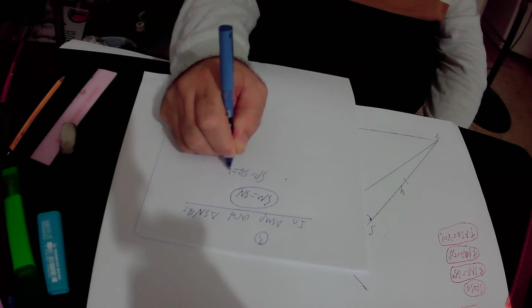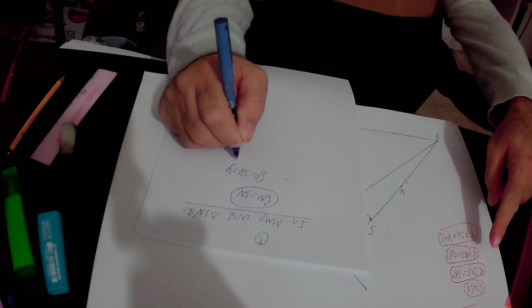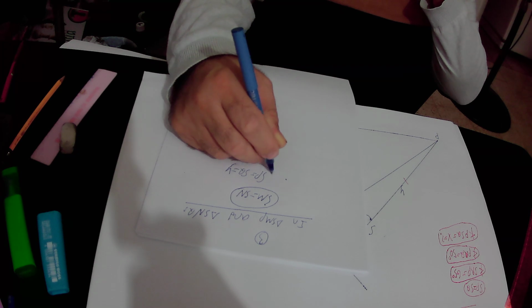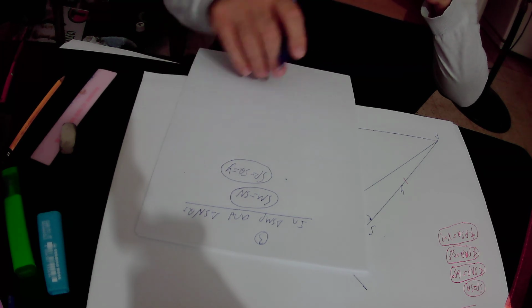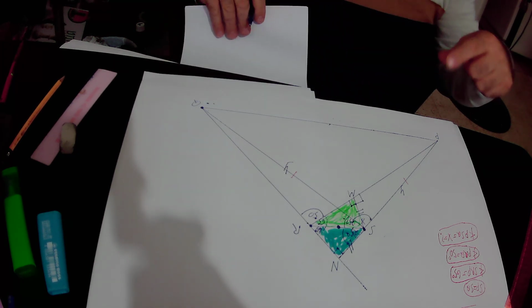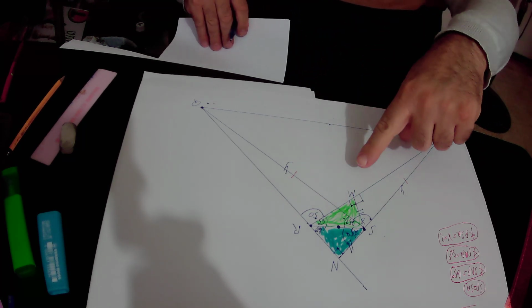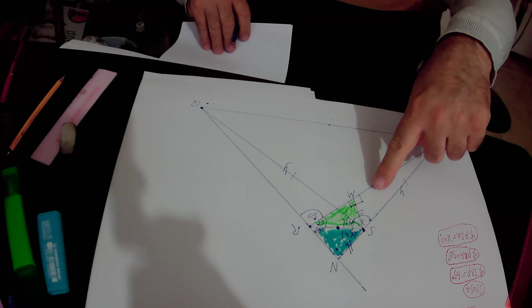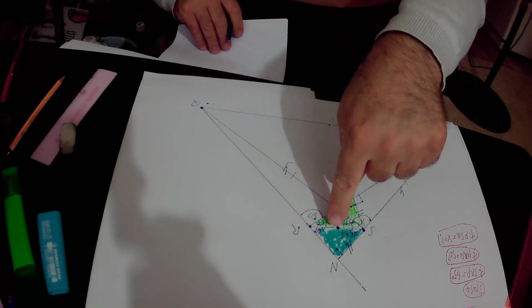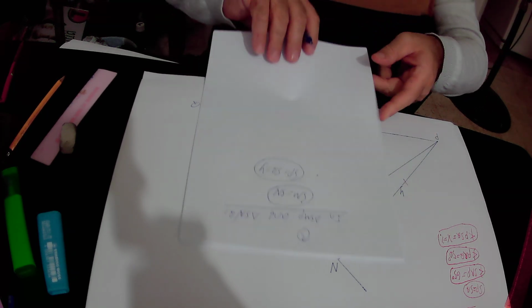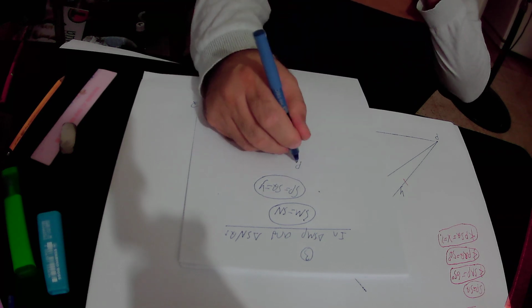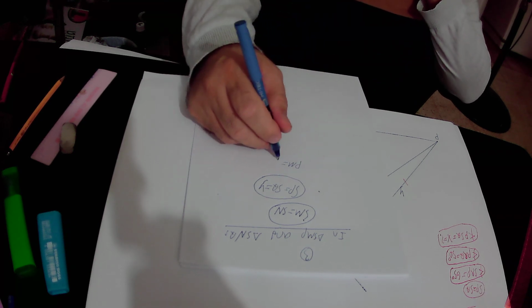SP equals SQ according to what is given in the question. And we will prove now that PM equals NQ. Again, we will prove that PM in this right triangle is equal to NQ in this right triangle.